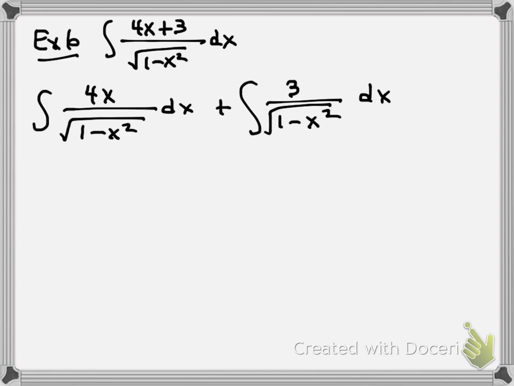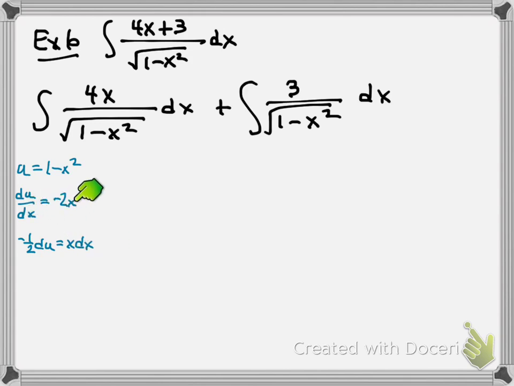So the first one, we're going to say let u equal 1 minus x squared. And then the derivative of u with respect to x will be negative 2x. And so that means I would have a negative 1/2 du equaling x dx.